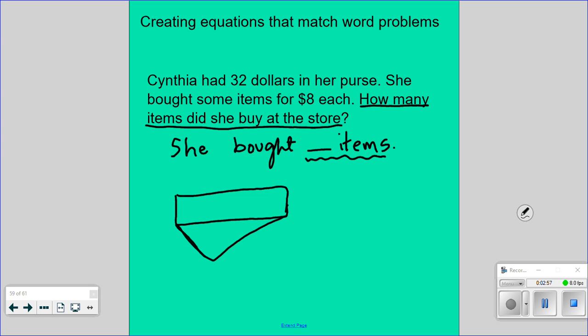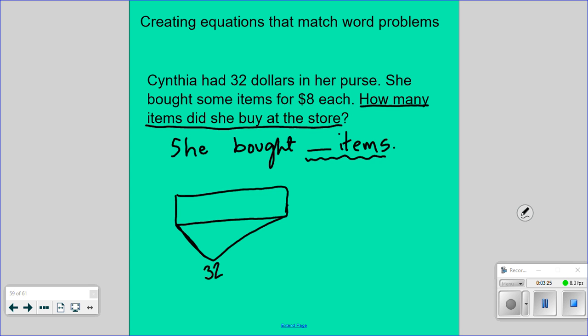Devin, what's something that I do know? I know that she has $32. Did she get any more dollars? No. So do we think 32 is probably the total amount of dollars? Yes. That's going to go down here at my hold. That is her total number of dollars. She was not getting any more.